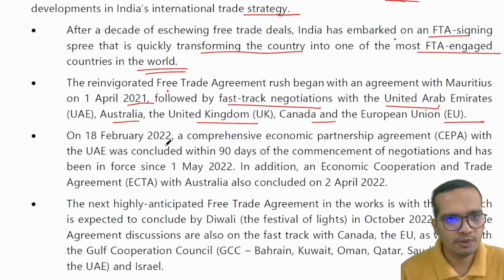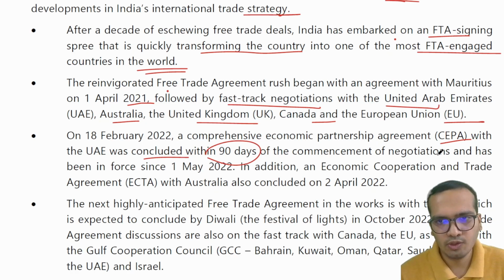On 18th Feb 2022, a Comprehensive Economic Partnership Agreement (CEPA) with the UAE was concluded within 90 days of the commencement of negotiations and has been in force since 1st May 2022. In addition, an Economic Cooperation and Trade Agreement (ECTA) with Australia was concluded on 2nd April 2022.